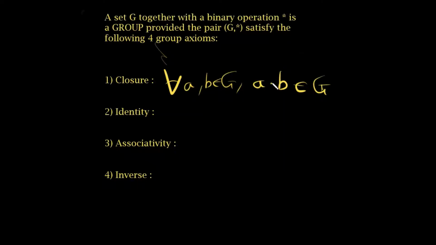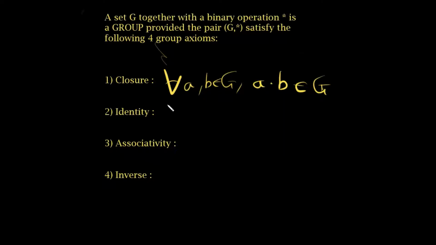The composition might be multiplication, for example, and the result has to also fall within G in order for this axiom to be satisfied. So the set is closed under composition of elements under this binary operation. So that's the closure axiom.